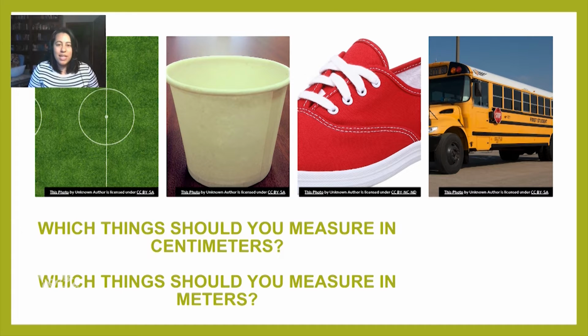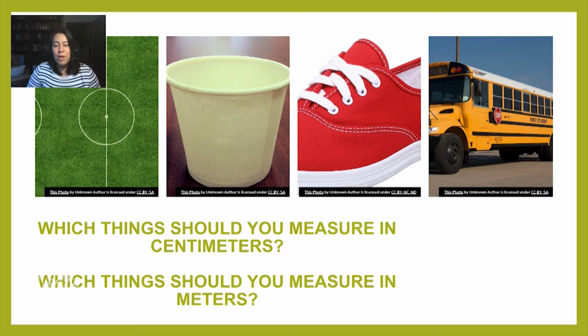So let's take a moment to look at some pictures and think about what metric unit would be the best to measure each in. Which things should you measure in centimeters and which things should you measure in meters? At the top of the screen, you see a picture of a soccer field, a picture of a paper cup, a picture of a shoe, and a picture of a school bus.